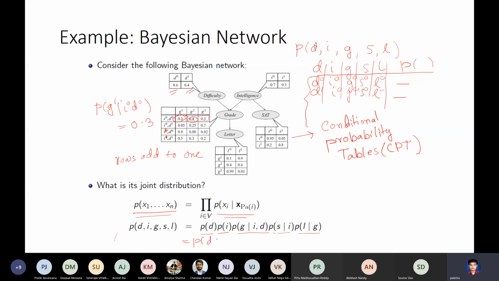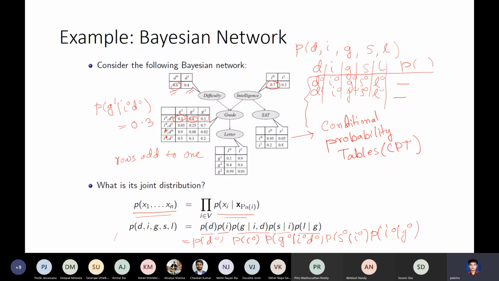You take P(D0), P(I0), P(G0 given I0, D0), P(S0 given I0), P(L0 given G0). Note that each of these values are already there in the CPTs. What is P(D0)? This. What is P(I0)? This.